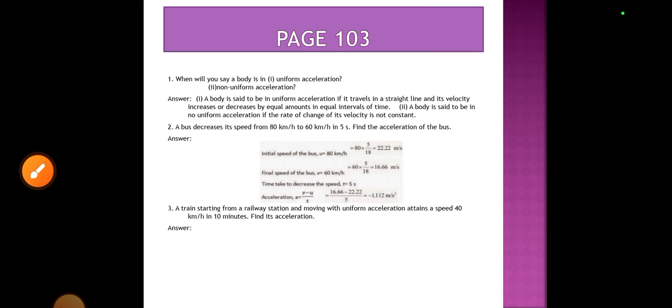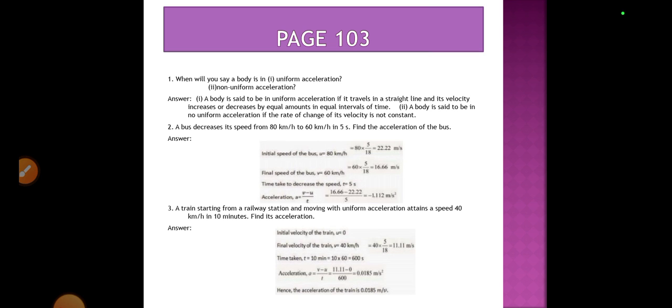So next question, question 3. A train starting from a railway station and moving with uniform acceleration attains a speed of 40 km per hour in 10 minutes. Find its acceleration. Now, you can say here the initial velocity of the train is 0.